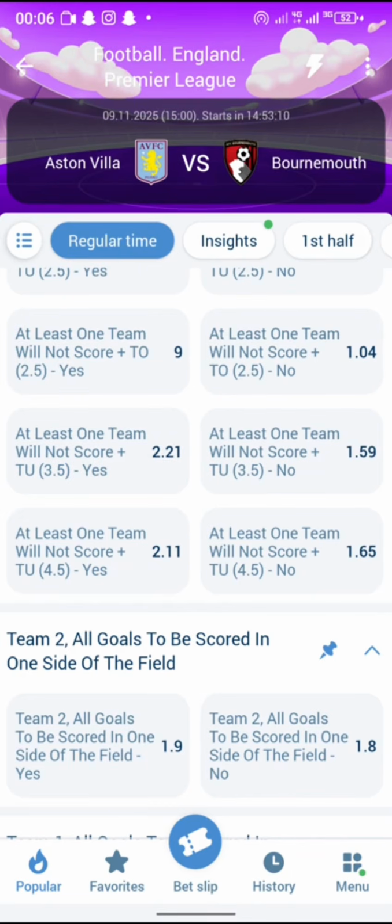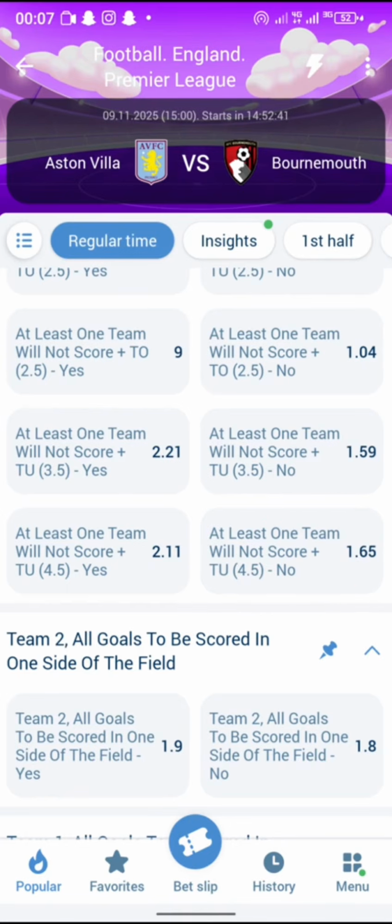The no option is actually the opposite of the yes option. For the no option, we just need both teams to score and your bet is in, as simple as that. And another good thing about the no option is that even if at the end of the game both teams score and the total goals exceed 5, you win your bet.